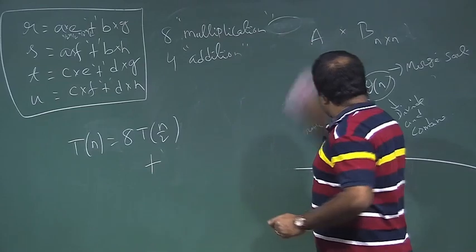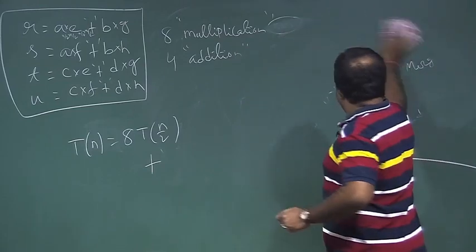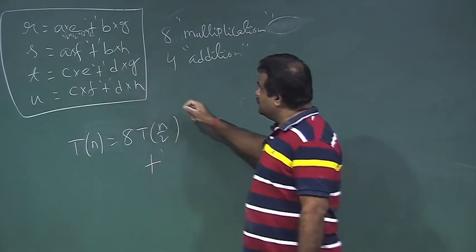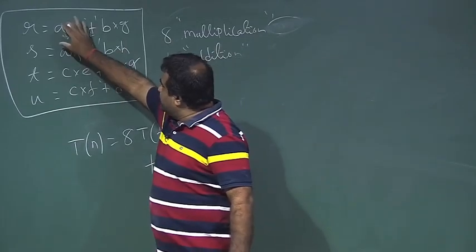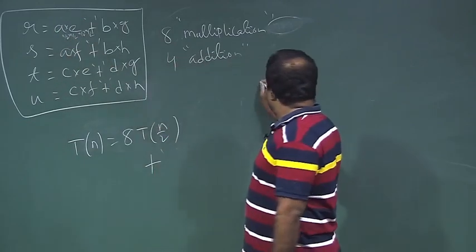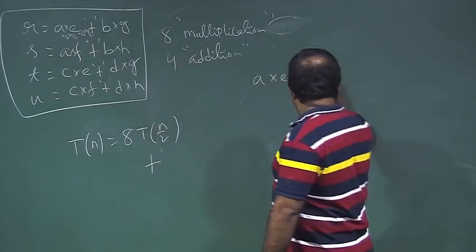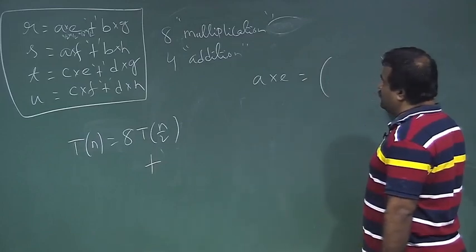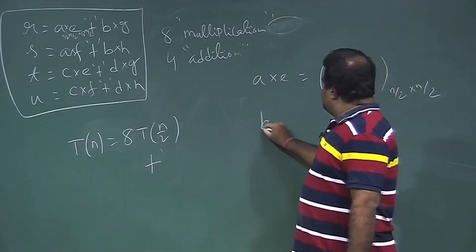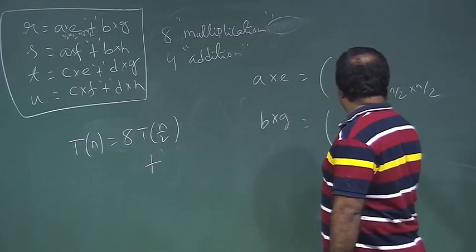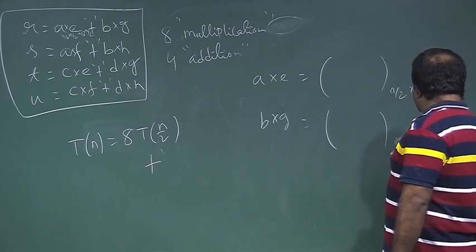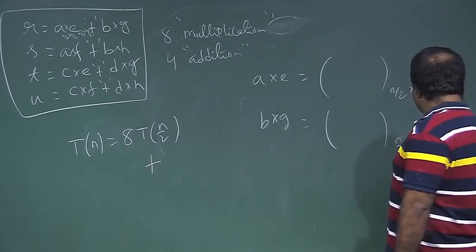So, how much time will the addition take? For 2 matrix addition, what is the size of the matrix? Once we get the result from the conquer step, A cross E will be a matrix of size n by 2 cross n by 2, and then B cross F is also of size n by 2 cross n by 2.